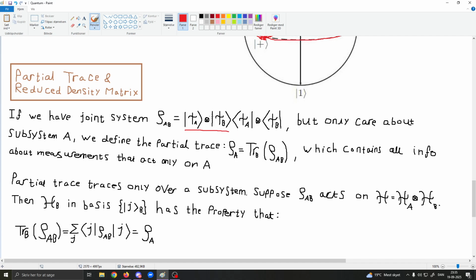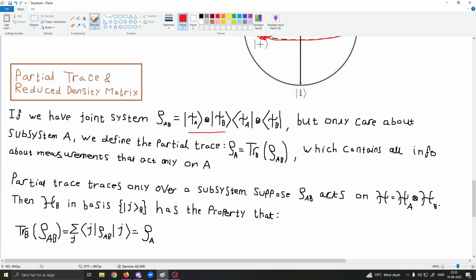We can also use this tensor product to create a density matrix for Alice and Bob's shared quantum system by once again doing the outer product between their tensor product states.